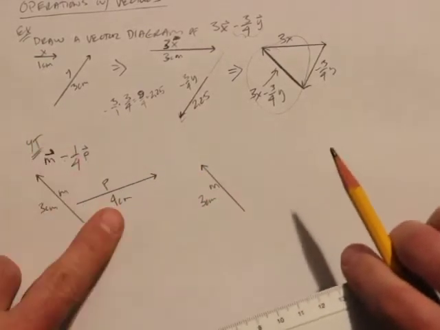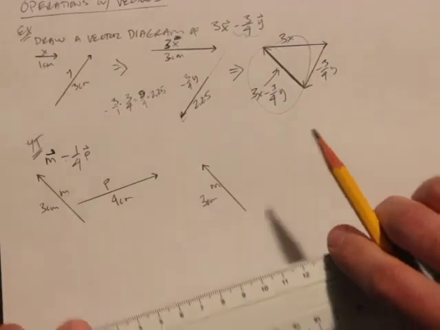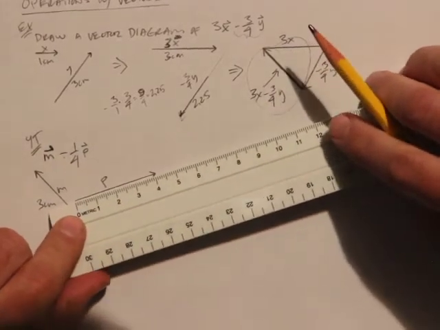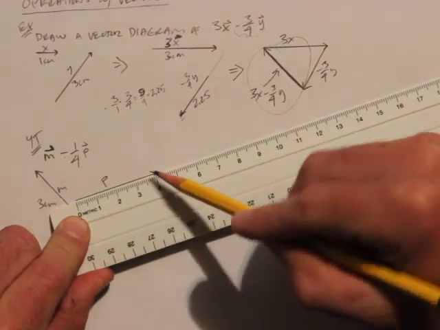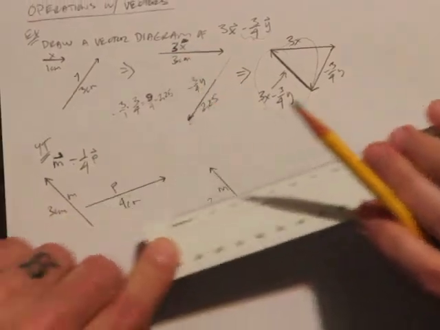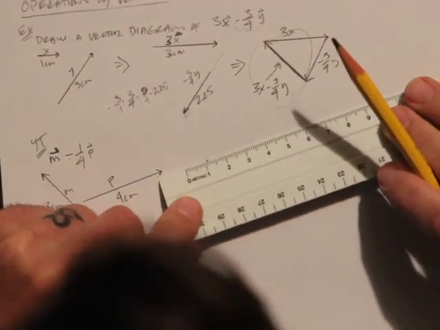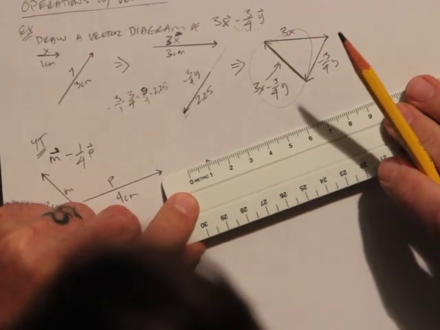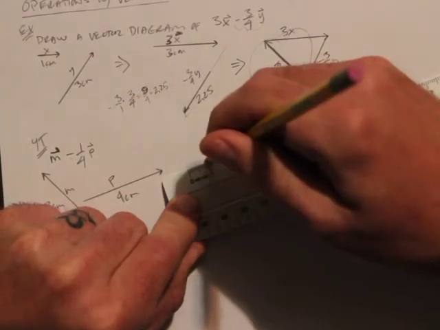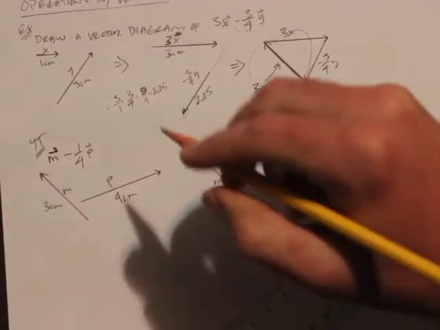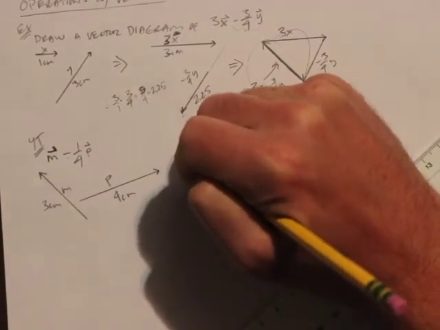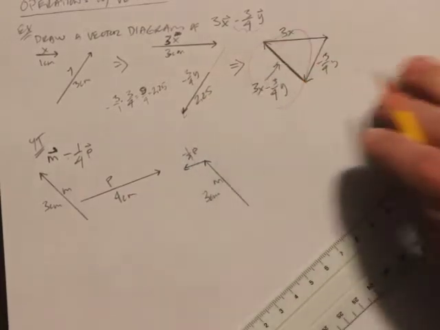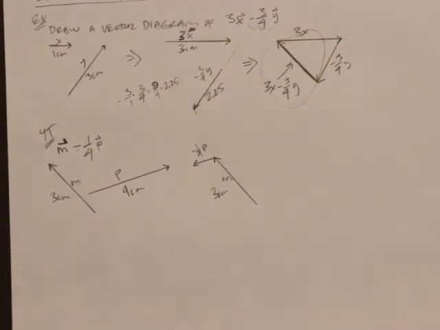So 1/4 of 4 centimeters is 1 centimeter. So that's going to go 1 centimeter, but instead of going to the right, it's going to go to the left. This is negative 1/4 p, and that is just 1 centimeter.